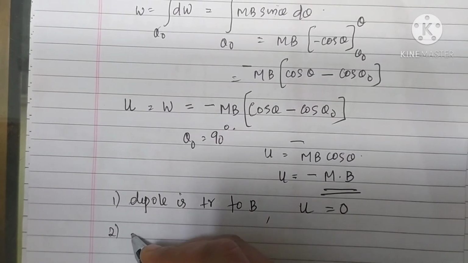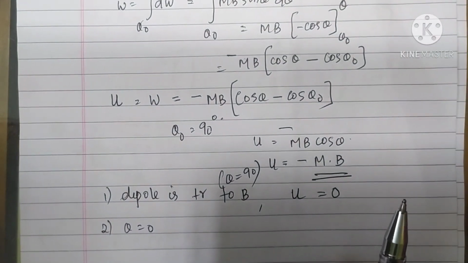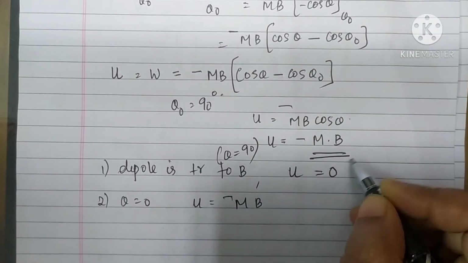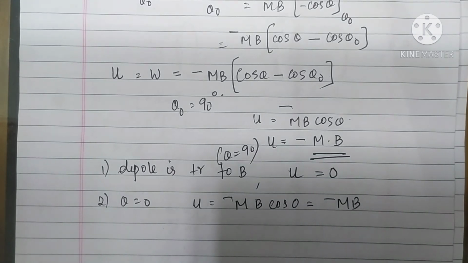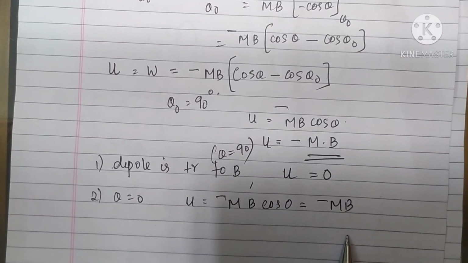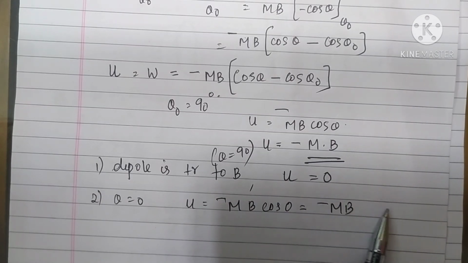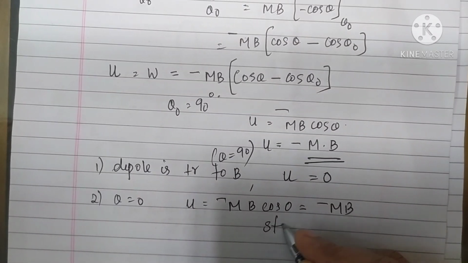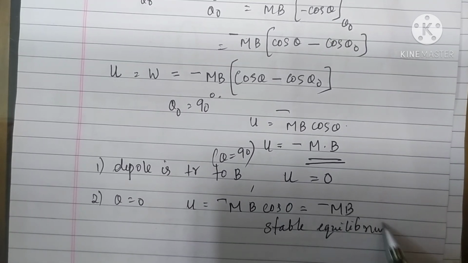And when theta is equal to 0, you can say that U is equal to minus mB cos 0, which is minus mB, isn't it? So what does it mean? When the magnetic dipole is aligned along the magnetic field, when theta equals 0, the magnetic field and the bar magnet are both parallel to each other, it is in stable equilibrium, and it possesses minimum potential energy.